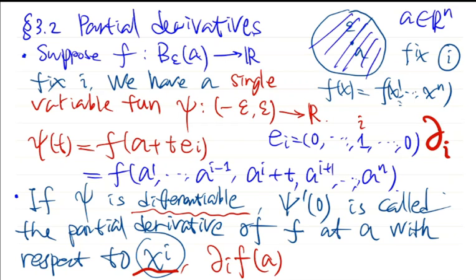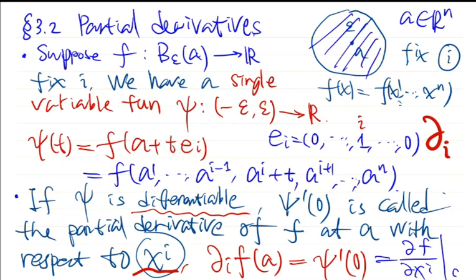So by definition, this partial derivative of f at this point A, with respect to xi, is simply the derivative of the single variable function psi obtained previously at 0. And also this will sometimes be denoted by partial f, partial xi, but you need to indicate at which point this partial derivative is taken.